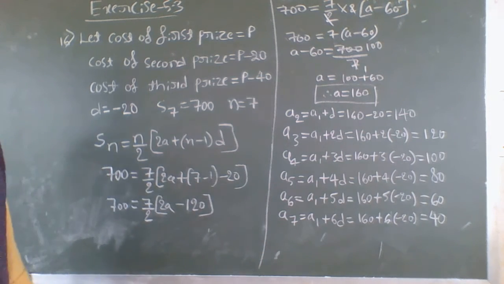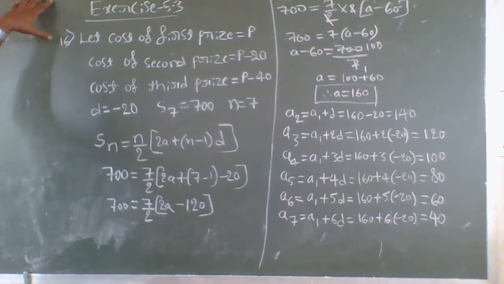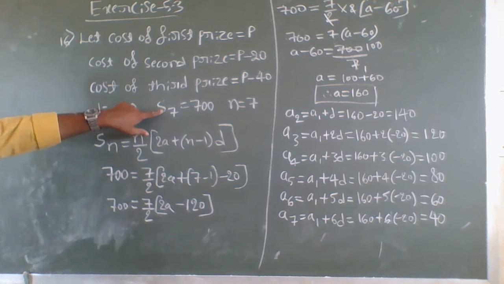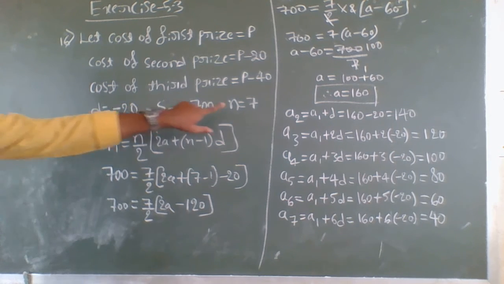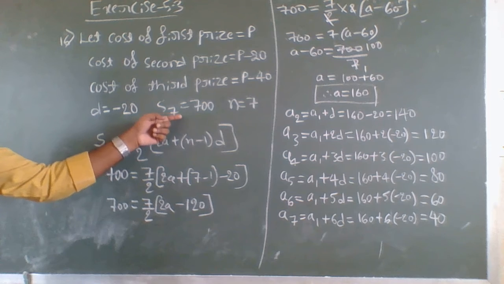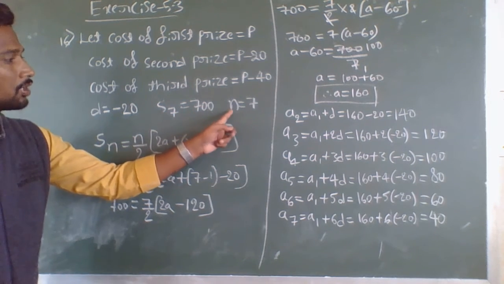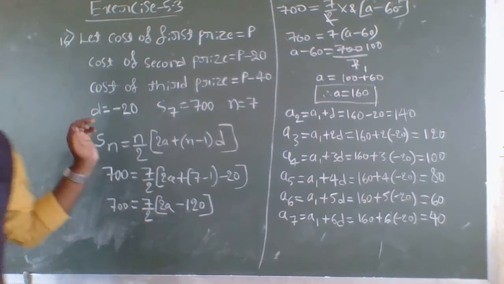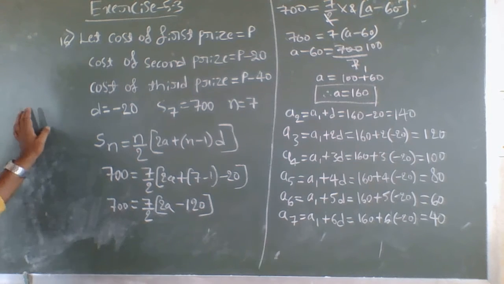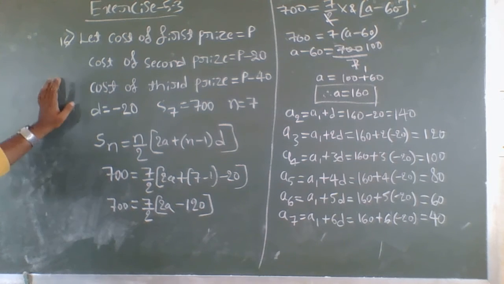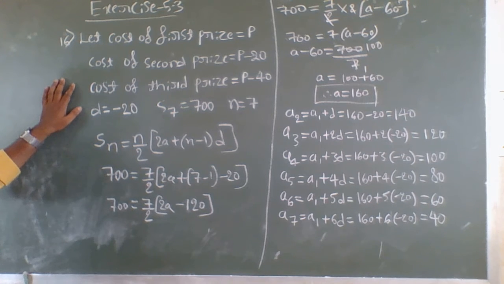So here, what we did: they have given that a sum of 700 rupees is used to give prizes to 7 students. Therefore S7 is equal to 700 and the number of students, n, is equal to 7. And they have given that the second price will be 20 rupees less than the preceding one, and the third price is 20 rupees less than the second price.